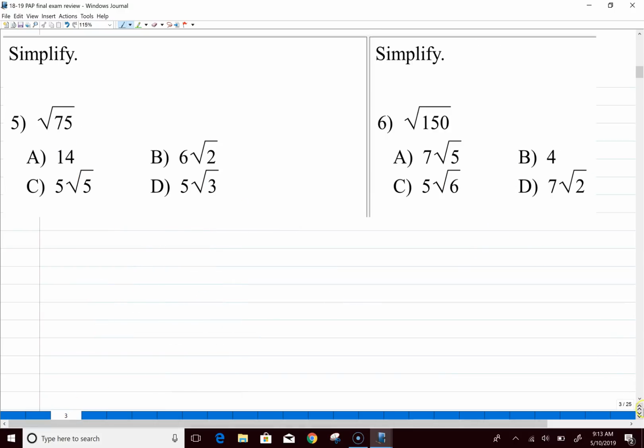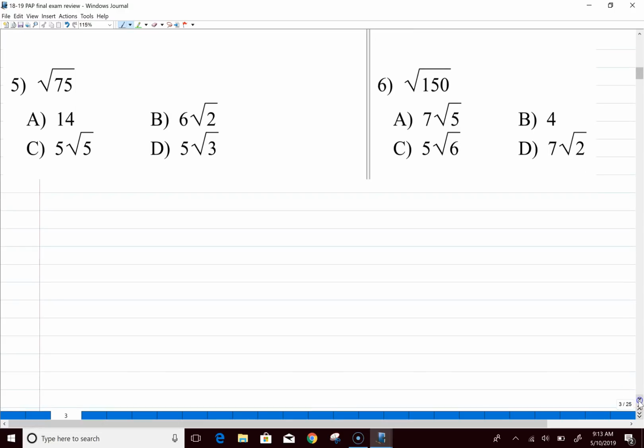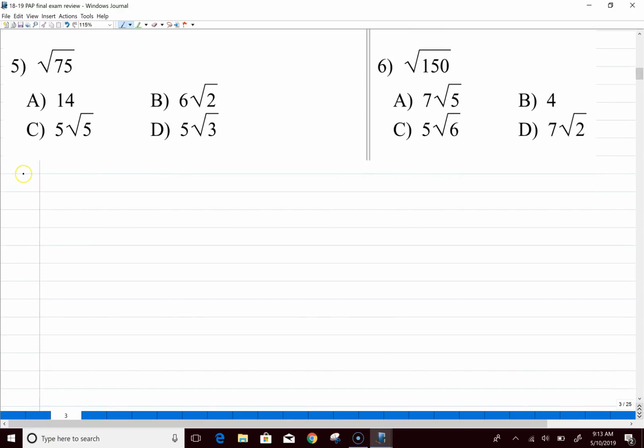Ooh, square roots. Remember these numbers? 2 squared, 3 squared, 4 squared, they're all right here. These numbers we have to divide by. So, let's start. 150 divided by 4, decimal, so that's not right.